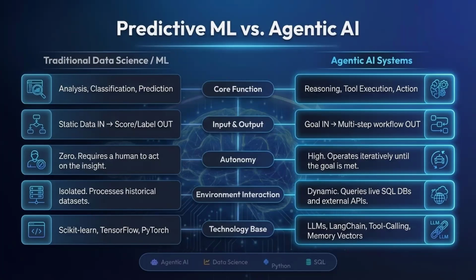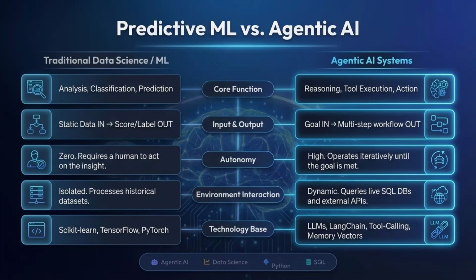And environment interaction is isolated in ML. It only deals with historical data. But in agentic AI systems, it is not isolated, it is dynamic. The queries will be live SQL, live data and external APIs, and it will deal with live data only.